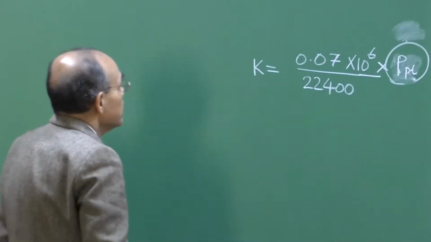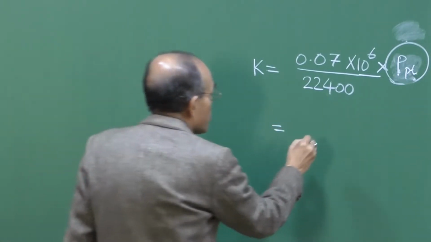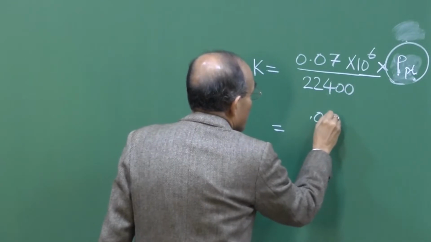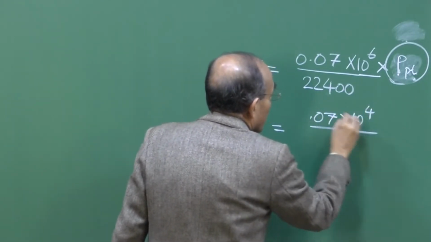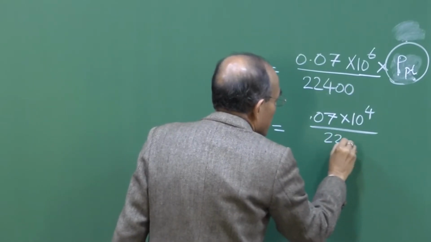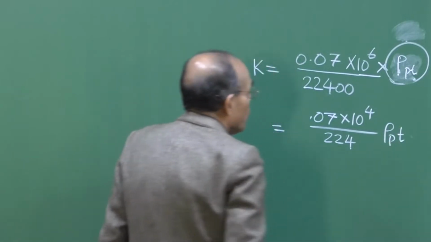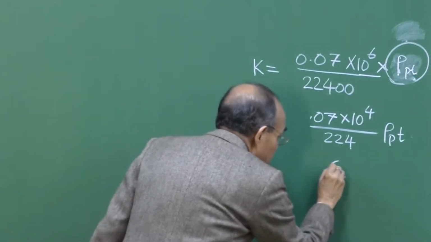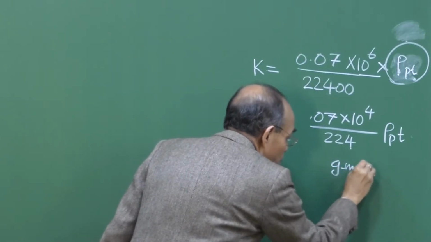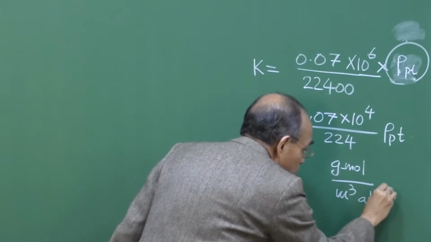And then you should be able to find out that this is actually 0.07 multiplied by 10 to the power 4 divided by 224 into rho platinum. And what should be the unit of this? You should be able to write now. This is in the unit of gram mole per meter cube atmosphere raised to the power half.